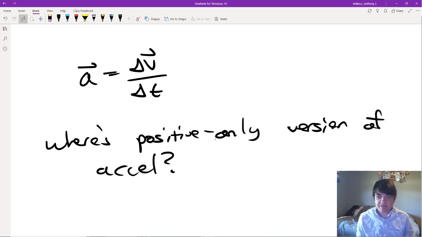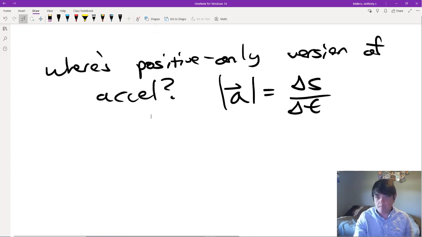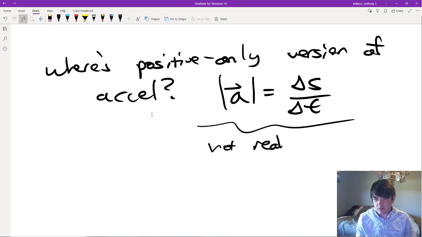Well, it doesn't exist. The positive only version would probably be change in speed over change in time, how speed changes with time versus how velocity changes with time. But it's not really discussed. But it would be this, okay?